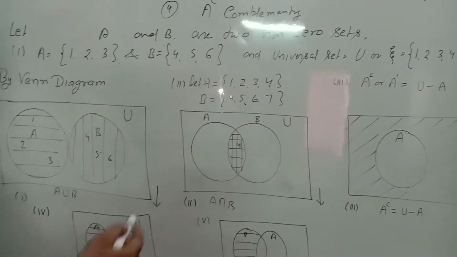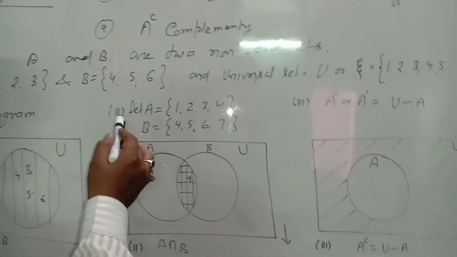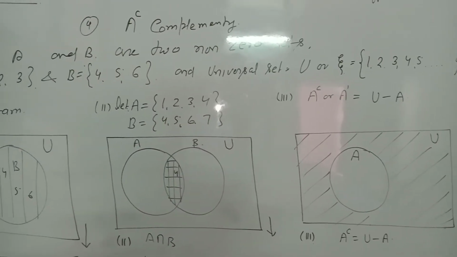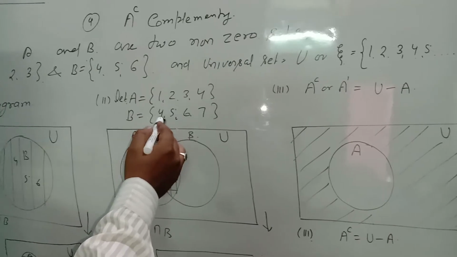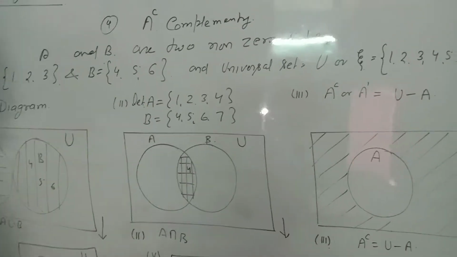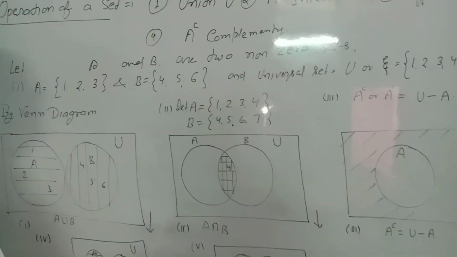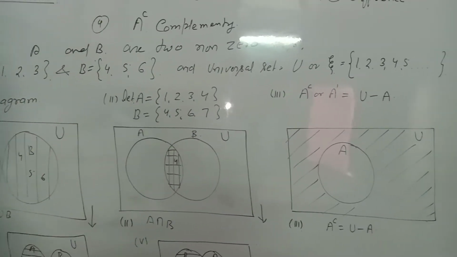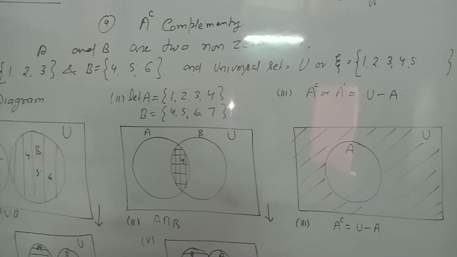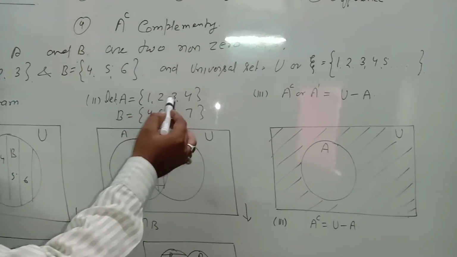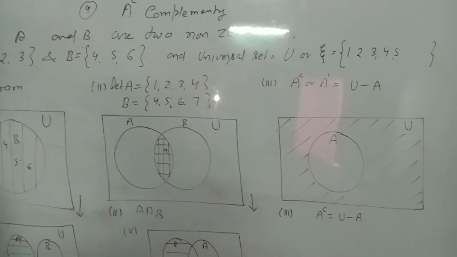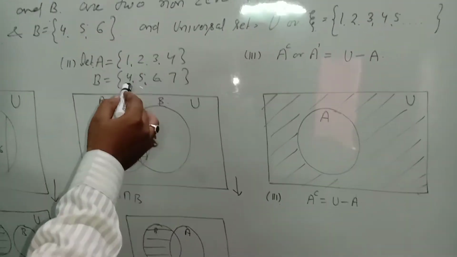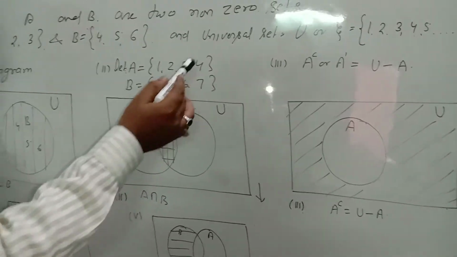Next, let set A be 1, 2, 3, 4 and set B be 4, 5, 6, 7. Now operation number 2 is to apply intersection. Intersection is just like common. In the comparison of the two sets, 4 is common.